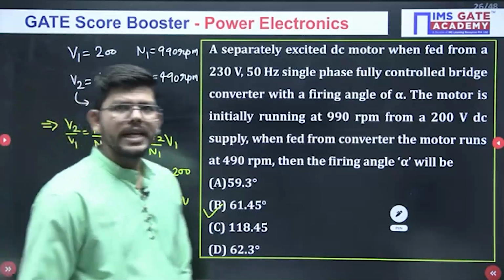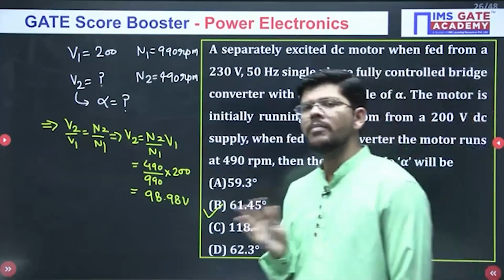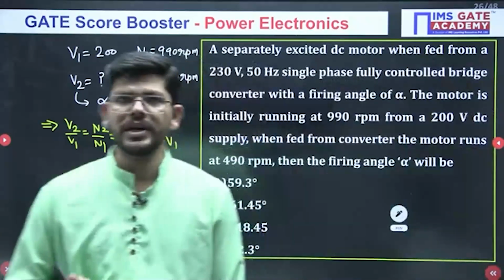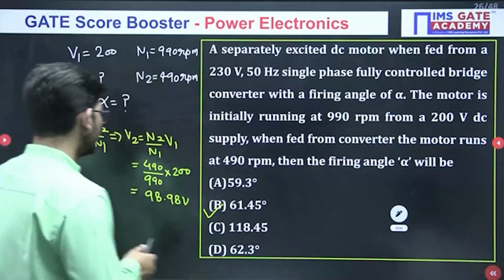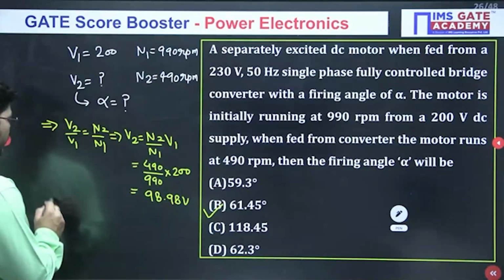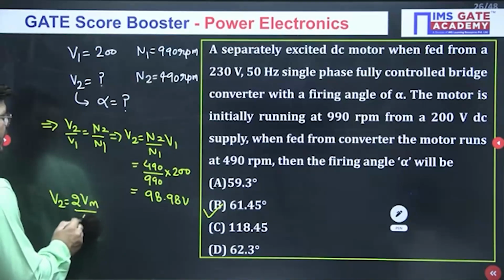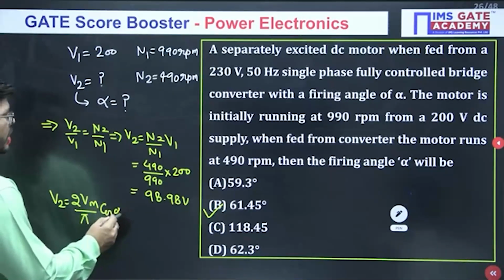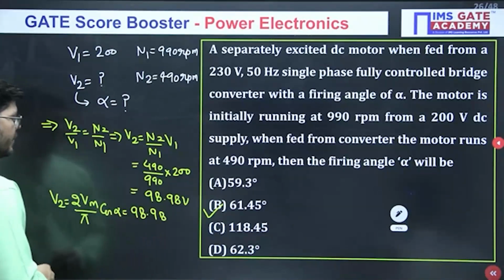Now, this is the DC voltage which we are feeding to the motor from a converter. And what converter? Single phase fully controlled bridge converter. What is the output voltage of a single phase fully controlled bridge converter? It is 2Vm by pi cos alpha, which you have calculated as 98.98.